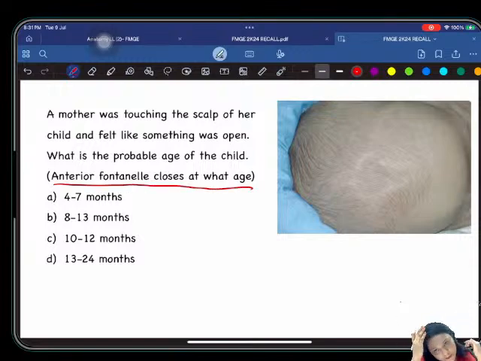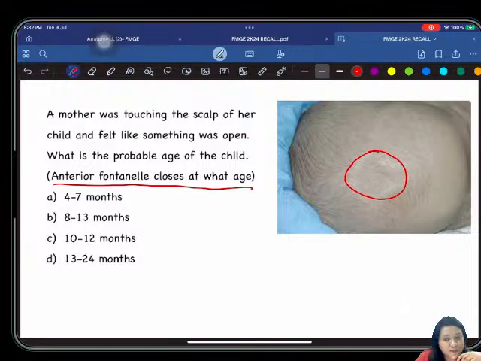You know that it remains open till a certain age. So you can see this, the open anterior fontanelle, which is a diamond shaped structure in the anteriormost part, between the sagittal suture and the coronal suture. When it ossifies, it becomes the bregma, as I already told you, and this was also taught in the previous slide.